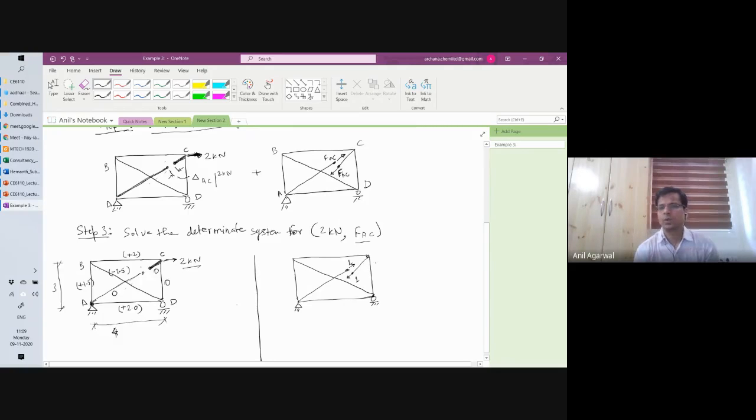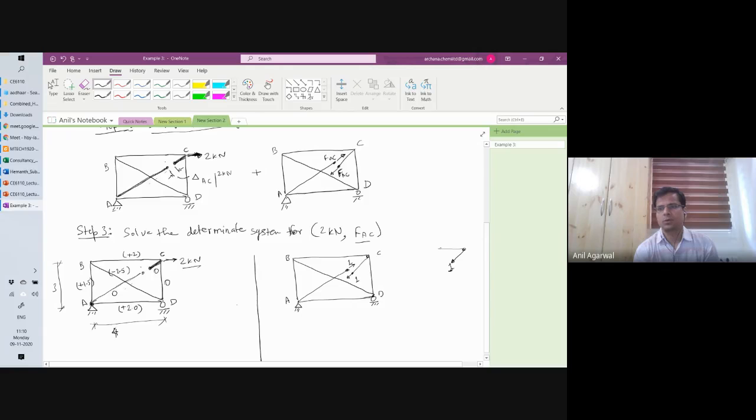So if this force is 1 here, again, joint A, B, C, D. So let me start from joint C. At joint C, I have force 1 acting here.